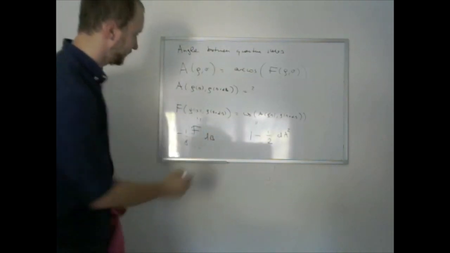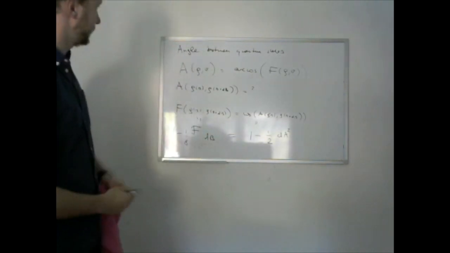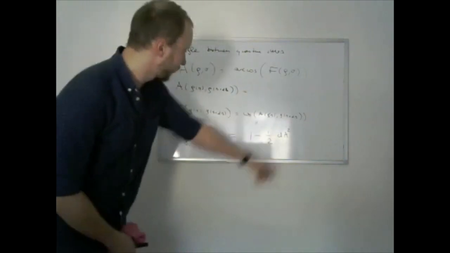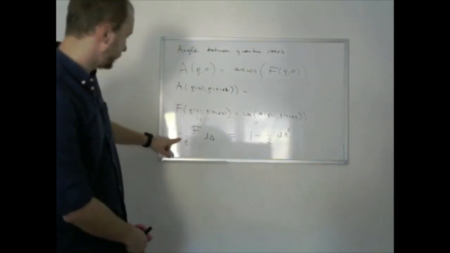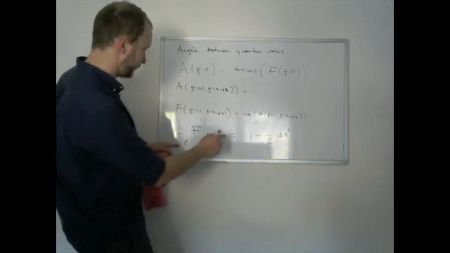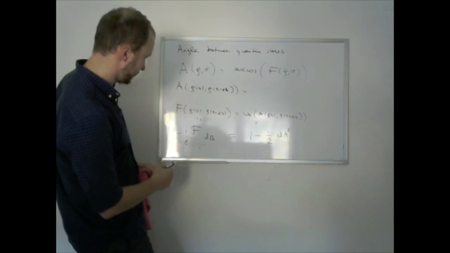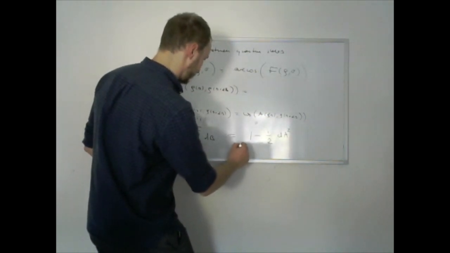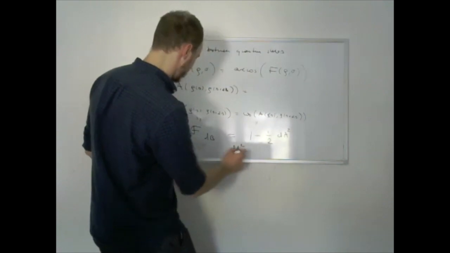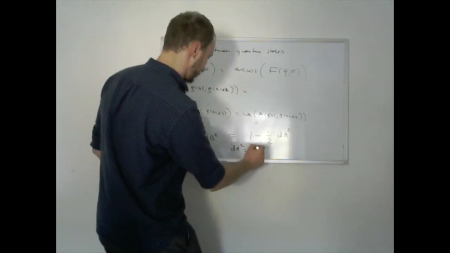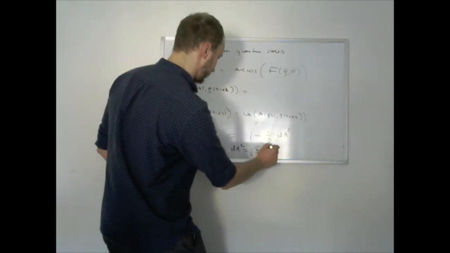All right, so you see that these things are equal. Then if you expand the angle between these two states, dA squared is equal to 1/4 Fisher information times dB squared.